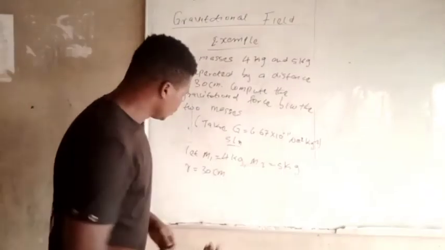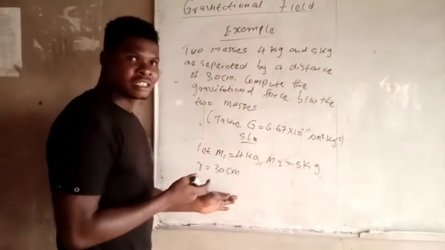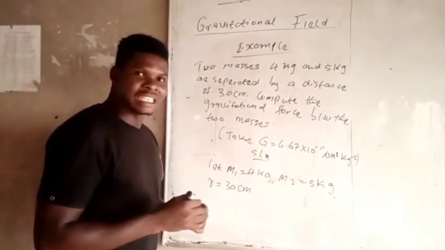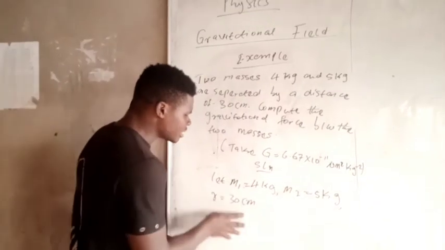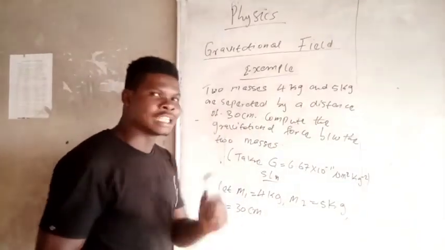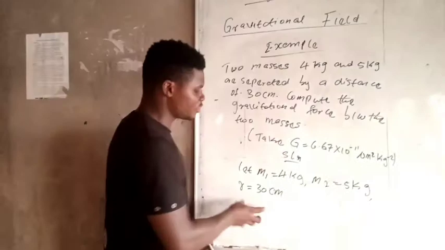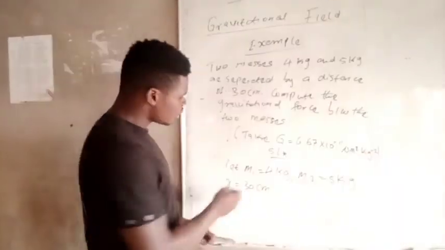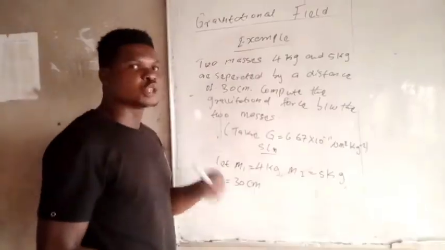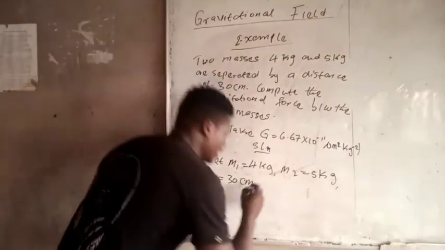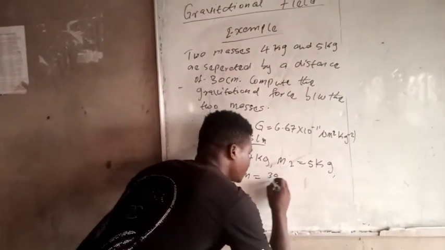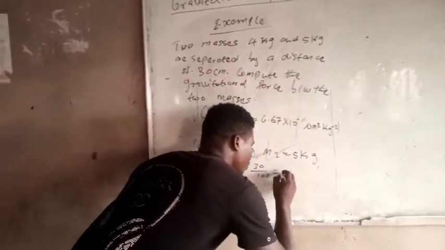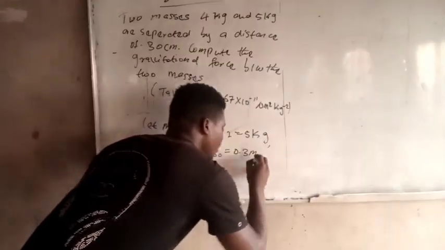Kilogram. But if you look at the distance, which is R, each unit is given in what? Centimeter. Centimeter is not the SI unit of distance, but what? Meter. So we have to convert from centimeter to what? Meter. Converting from centimeter to meter, we do what? We divide by 100. This is equal to 30 all over 100. This will give us 0.3 meter.